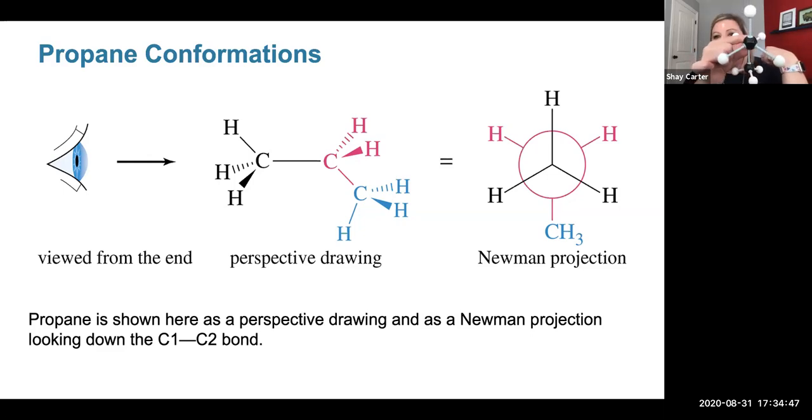So we can draw propane, butane, and these kinds of things also as Newman projections. We just have to know which bond we're looking down. So this is the staggered conformation. The white goes away on the hydrogens of propane.